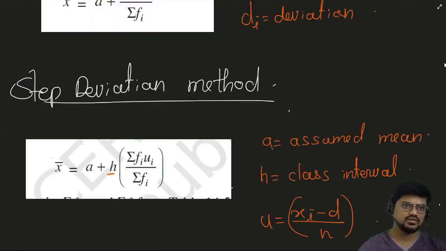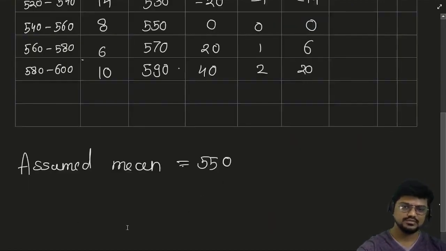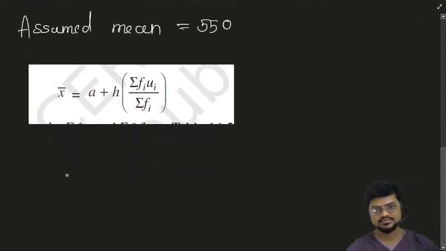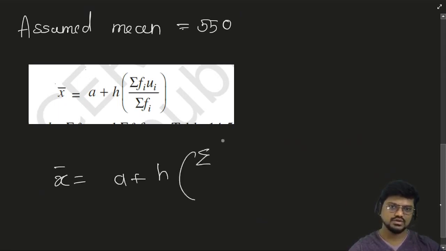Now, what is the formula for using the step deviation method? This is the formula to find the mean: mean is a plus h into summation of fi into ui upon summation of fi.